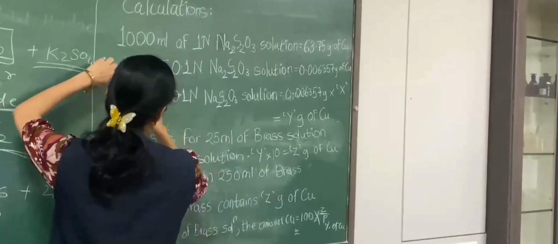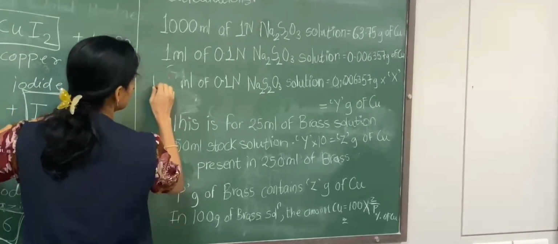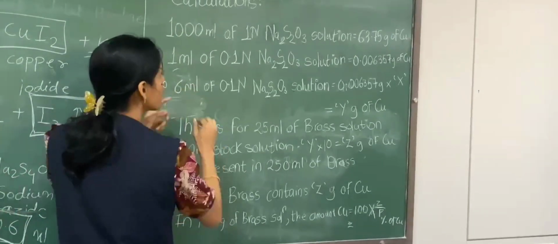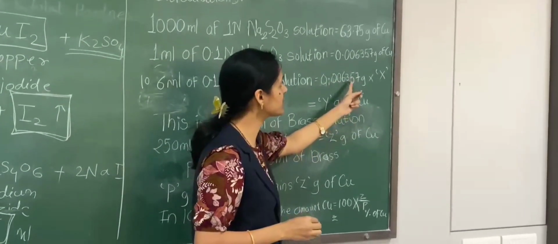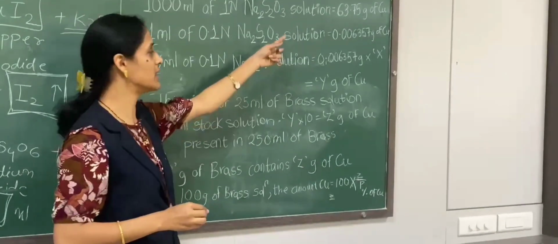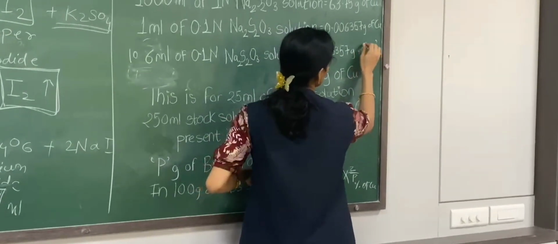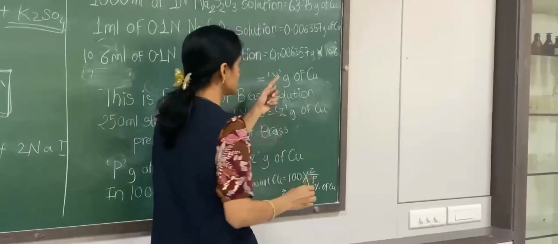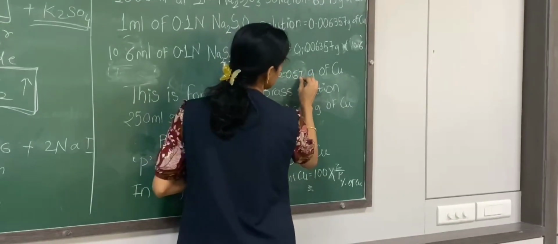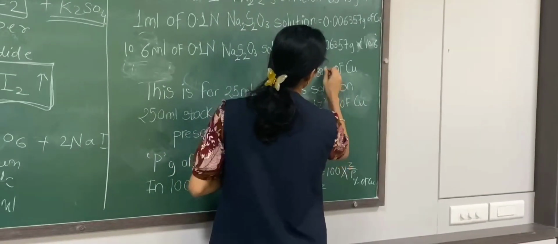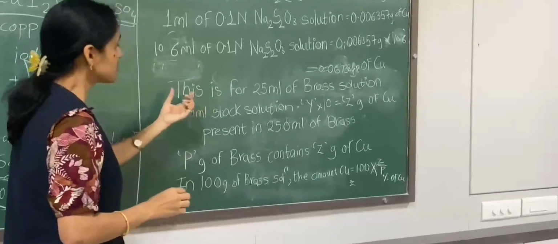And this is our reading: 10.6 ml of 0.1 normal sodium thiosulfate used, so it is 0.0635 into 10.6, cross multiplication. Calculate this value: it is 0.67384.